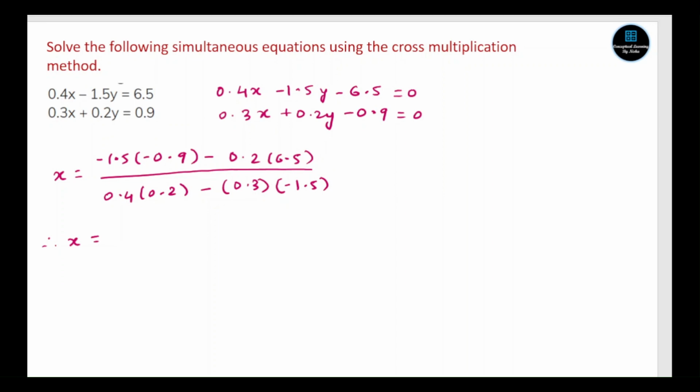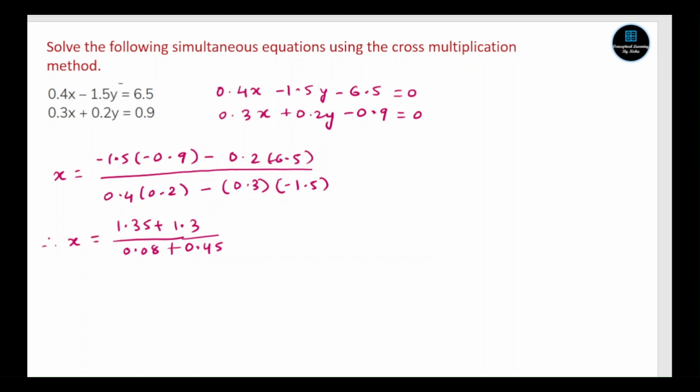So after simplifying this, I'll get 1.35, and this is going to be minus and minus. This is negative now, so we have to write the plus sign, and then 1.3, 0.08, and this is minus plus, we'll get 0.45.